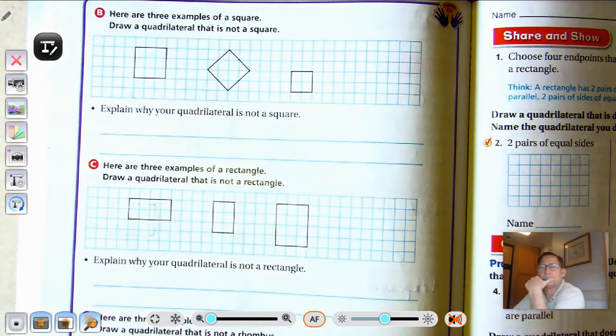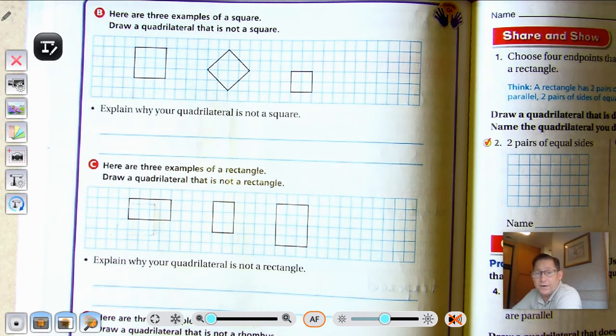Okay, so I could draw a rhombus that doesn't have four equal sides, doesn't have four right angles. I could draw a rectangle that would not be a square. Squares are rectangles, but not all rectangles are squares. I could draw a trapezoid. I could draw a quadrilateral that isn't any of those, right?